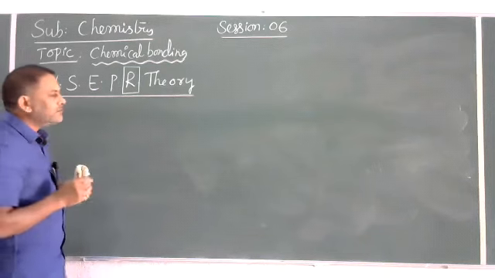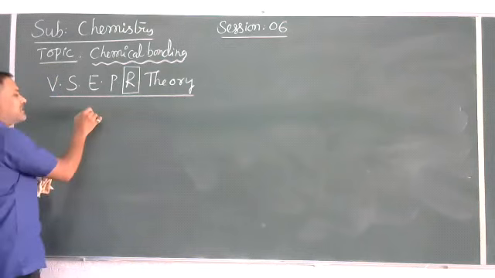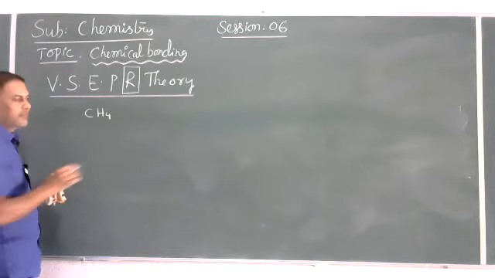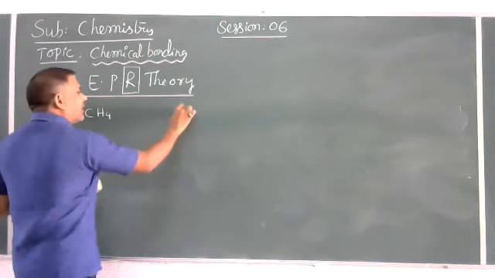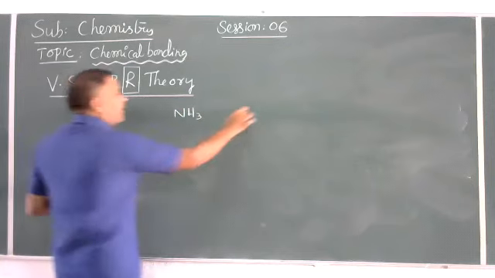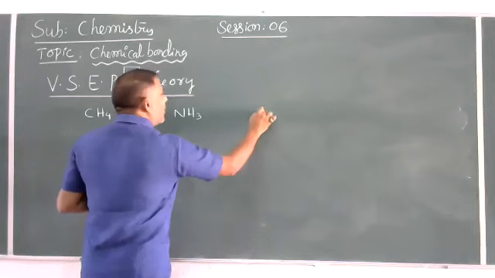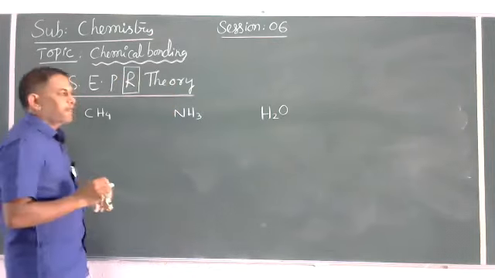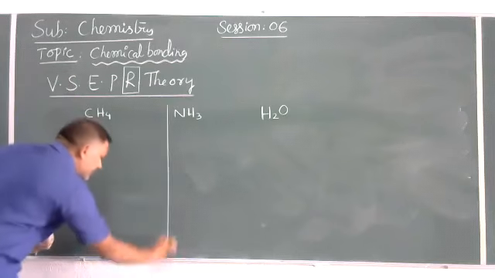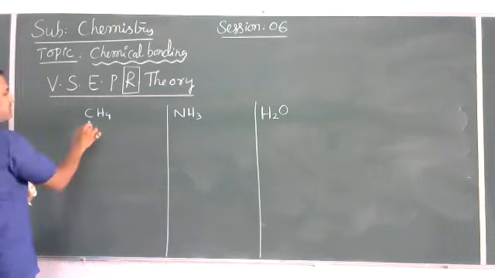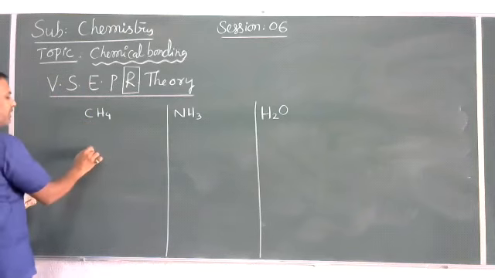I'll take one simple example, the CH4 molecule, methane, and the NH3 molecule, and one more example, water, H2O. Three molecules. In the methane molecule, the central atom is carbon.